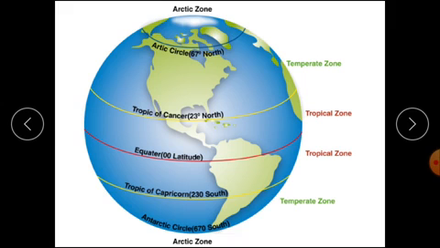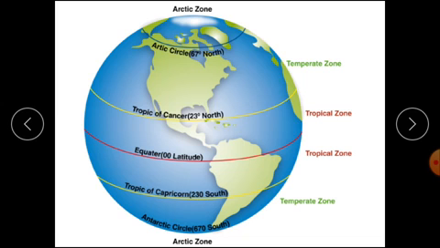The upper part, that is the northern part, is called the northern hemisphere, and the lower part is called the southern hemisphere. Moving ahead from the equator, there are two more lines or circles. These are called the tropics. The Tropic of Cancer lies in the northern hemisphere, and the Tropic of Capricorn lies in the southern hemisphere.